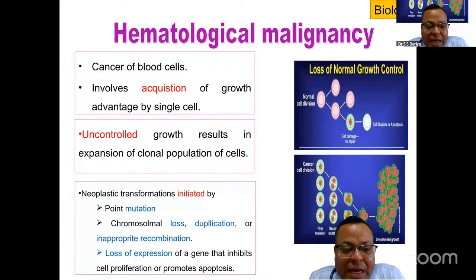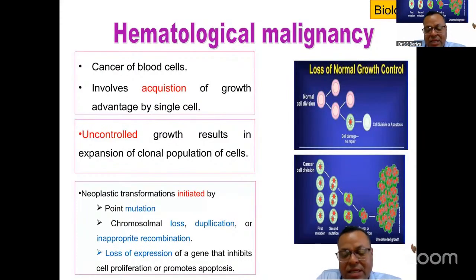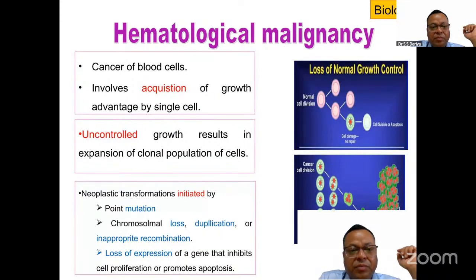The neoplastic transformation is initiated by a point mutation, a chromosomal loss or duplication, or inappropriate recombination, and loss of expression of the genes which inhibit cell proliferation and ultimately promote apoptosis.